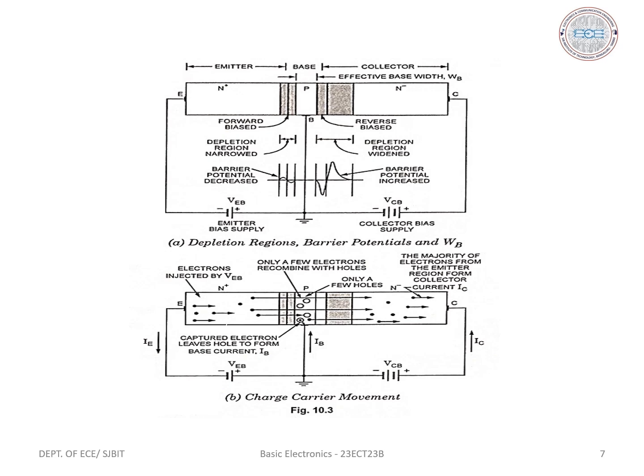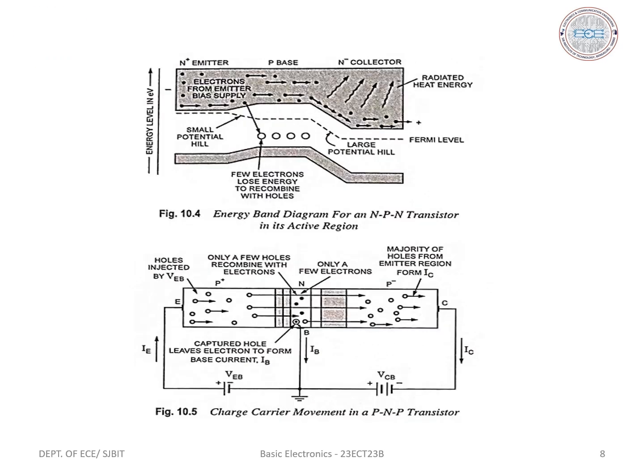As the base is thin and lightly doped, it consists of only a few holes. Therefore, out of the total injected electrons from the emitter, a few recombine with the holes in the base region. This constitutes the base current IB. The base current is therefore very small as compared to the emitter current.